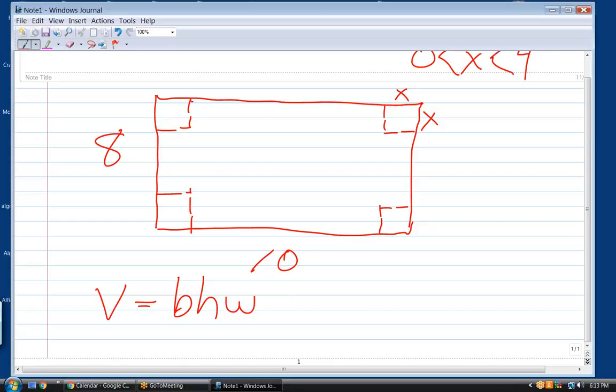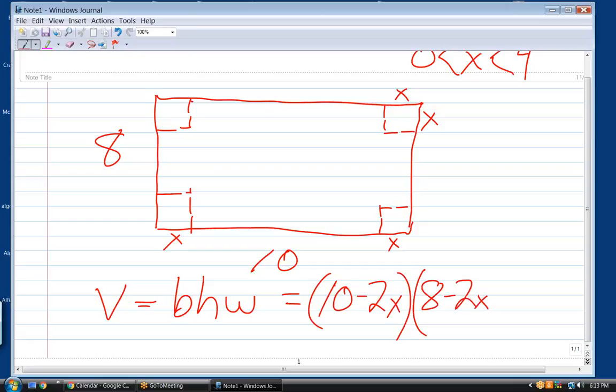Well, let's put that in terms of x. What is my base? 10 minus 2x. What is my width of the box going to be? 8 minus 2x. And what is the height of the box going to be? 2x.